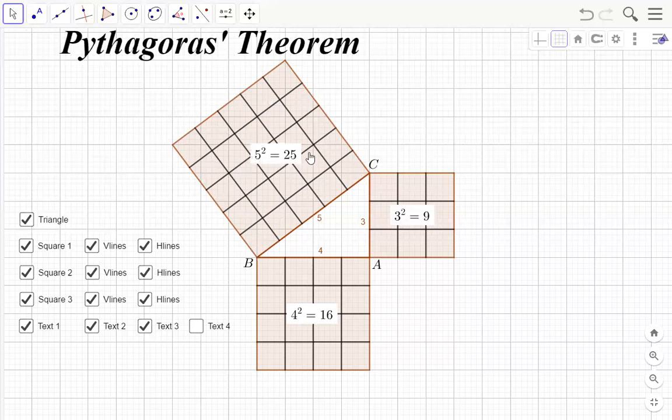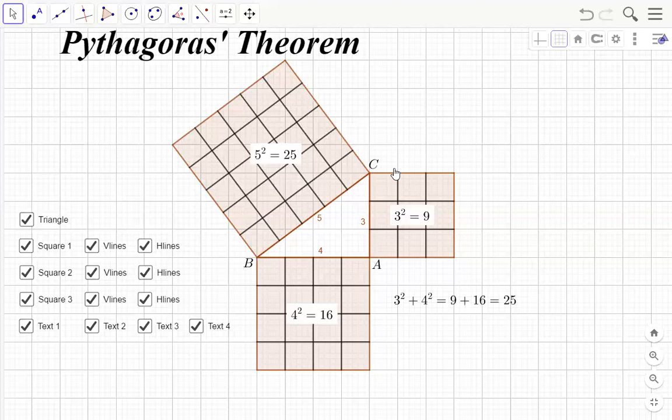Now, if you take very close observation of what you have on the screen, you will observe that when you add 16 plus 9, that is equal to 25. So you see, 3 squared is equal to 9, and 4 squared is equal to 16, and 16 plus 9 is 25. So what can you now say about this demonstration?